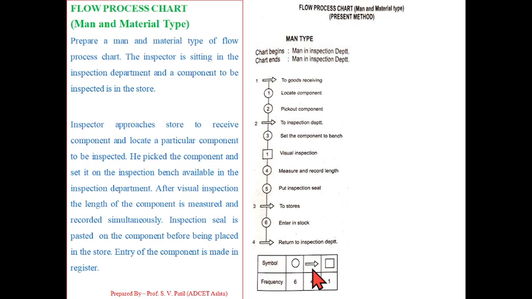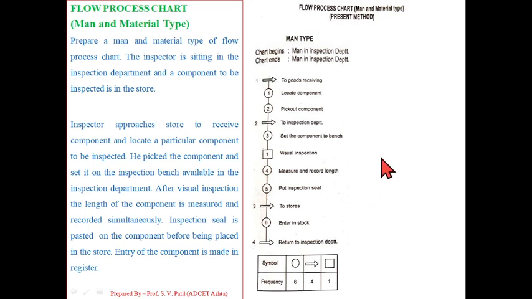Then there is transportation, a hollow arrow. Then there is inspection, which is a square. In the second row, we are supposed to mention the frequency. The operation event has taken place 6 times, so the frequency is 6. Transportation will take place 4 times, and the inspection is performed only once. So that summary we are supposed to prepare at the end.